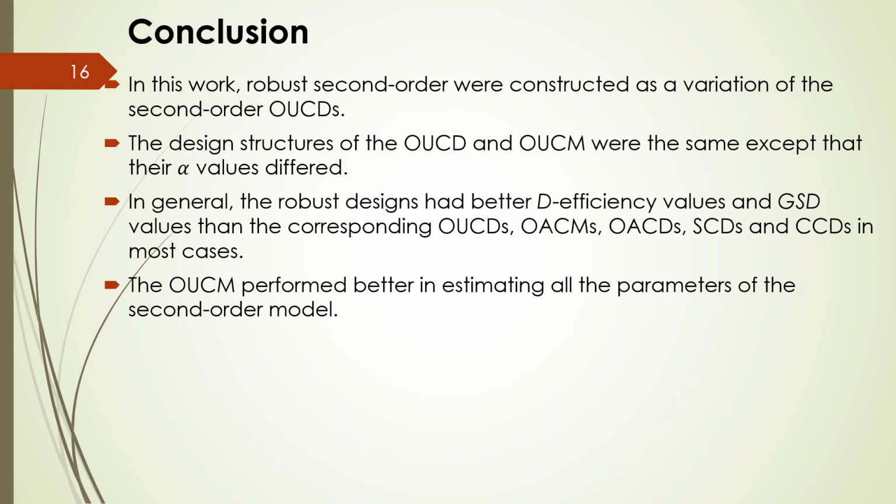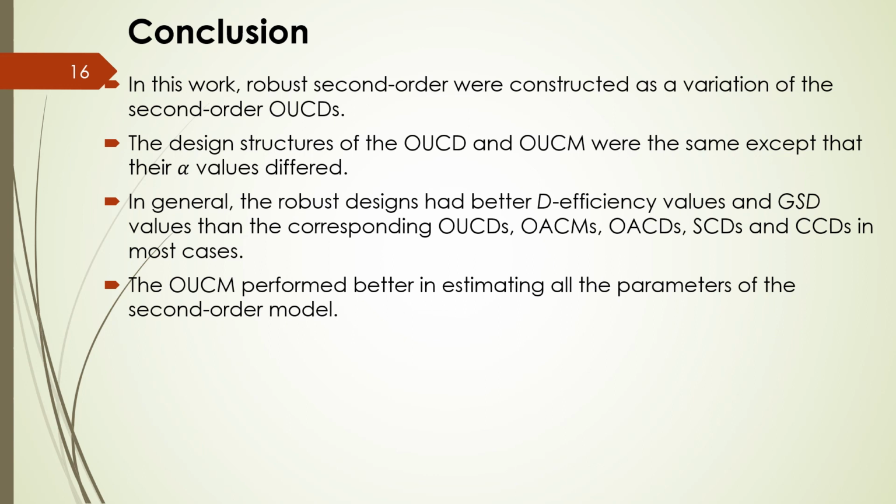So from this work, we conclude that robust second order designs were constructed as a variation of the initial second order OUCDs, and the design structures of the OUCD and the OUCM were the same, except that the alpha values differ.